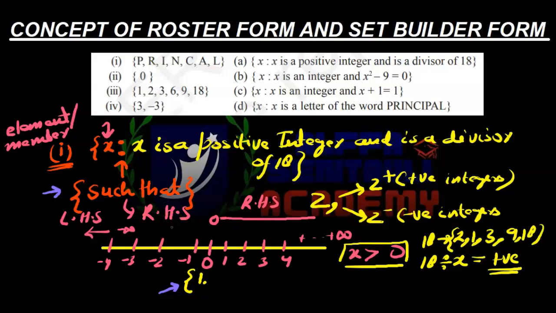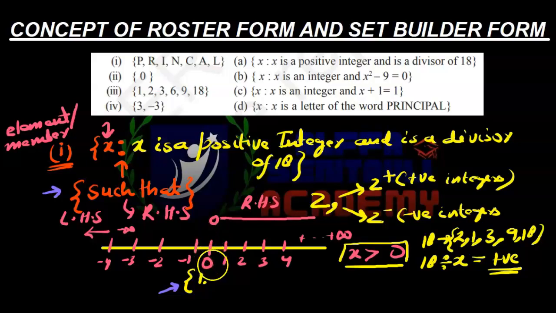The elements which we write in the set must be arranged in ascending order or in descending order. You can choose either manner, but you cannot write elements in a zigzag form. So I am writing in ascending order. You can write in descending order as well.